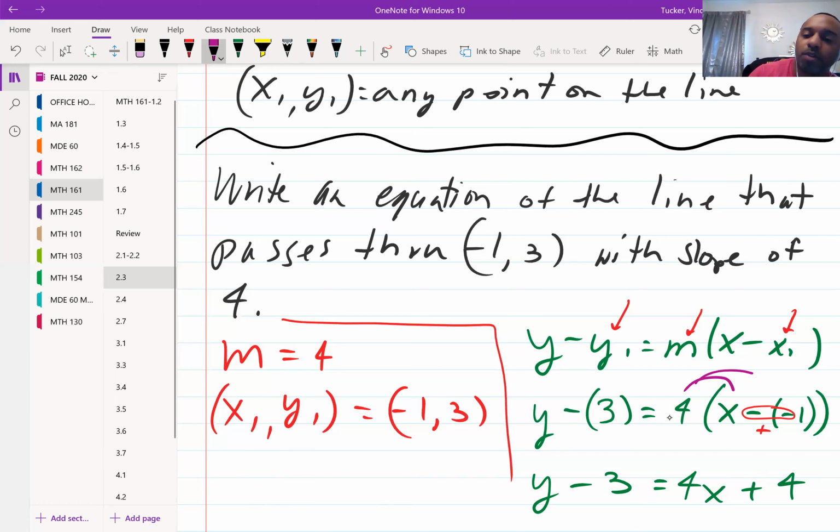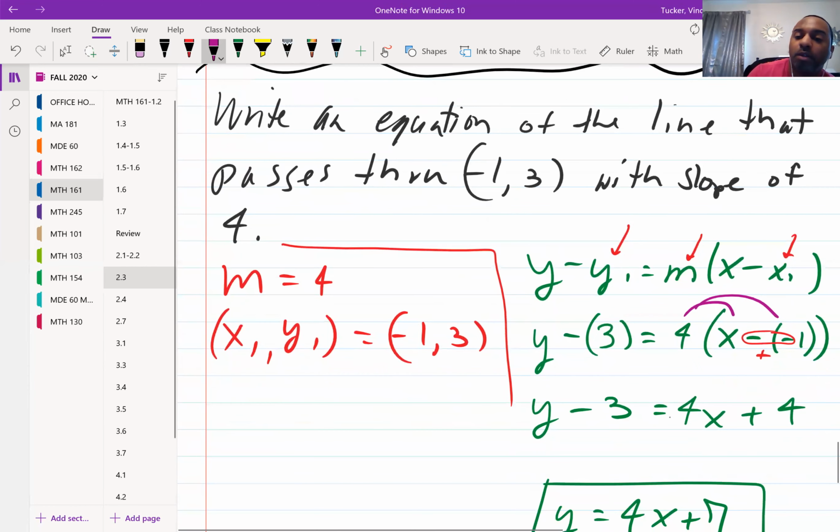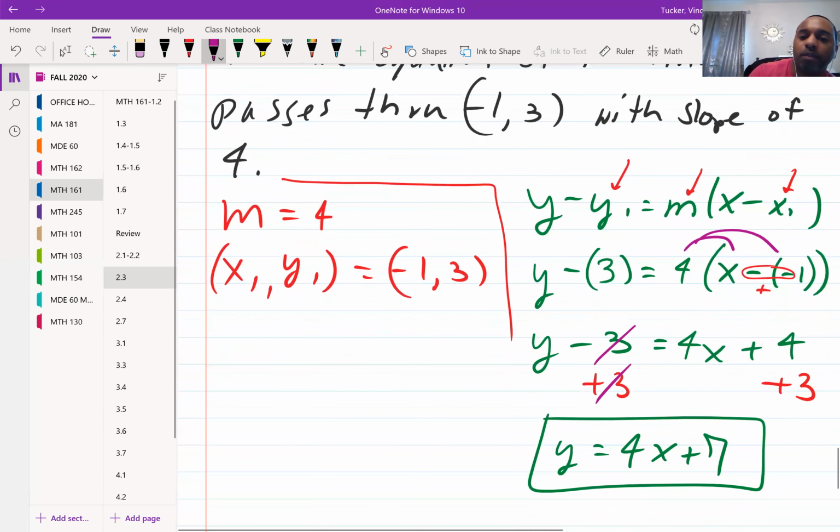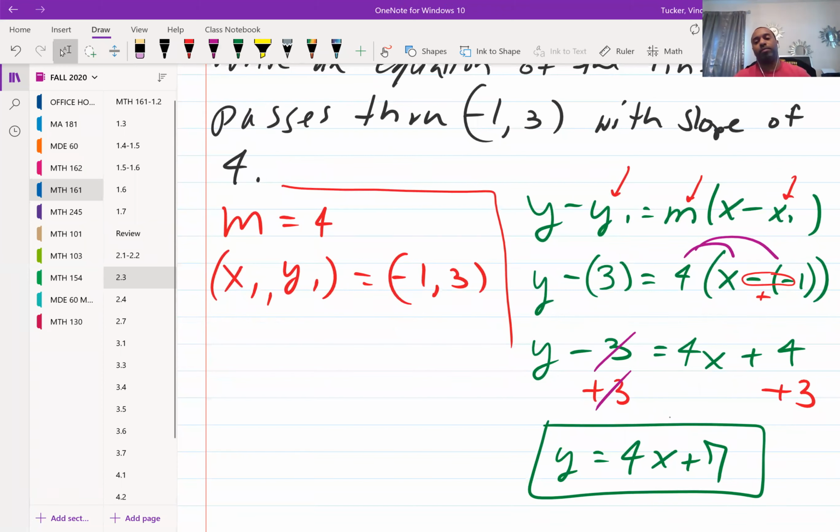Distribute this 4, and don't forget negative times negative is positive. So we have y minus 3 equal to 4x plus 4. Then to finish it off, we'll add 3 to both sides. The 3's cancel, and we're left with y equal to 4x plus 7.